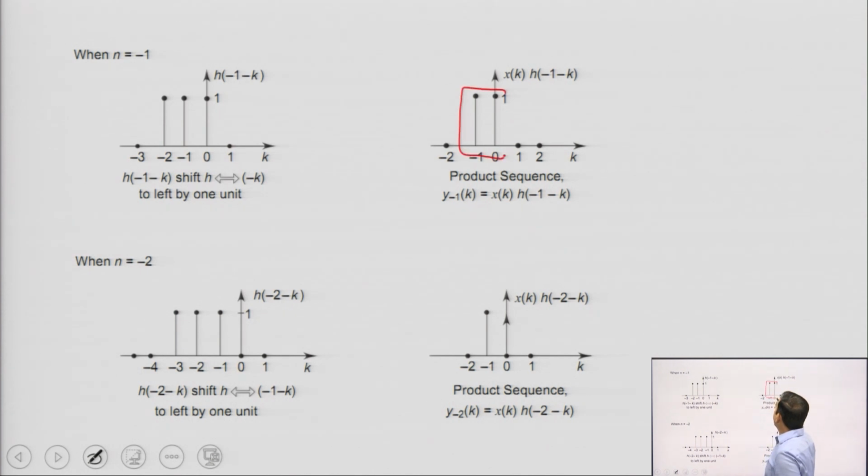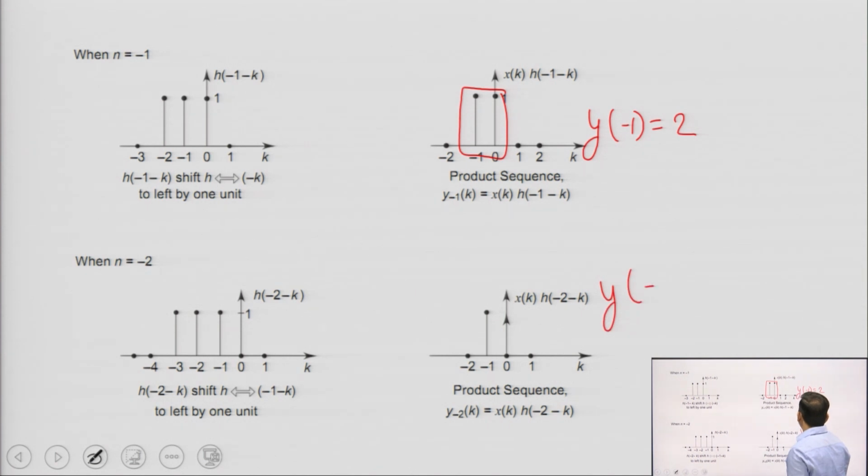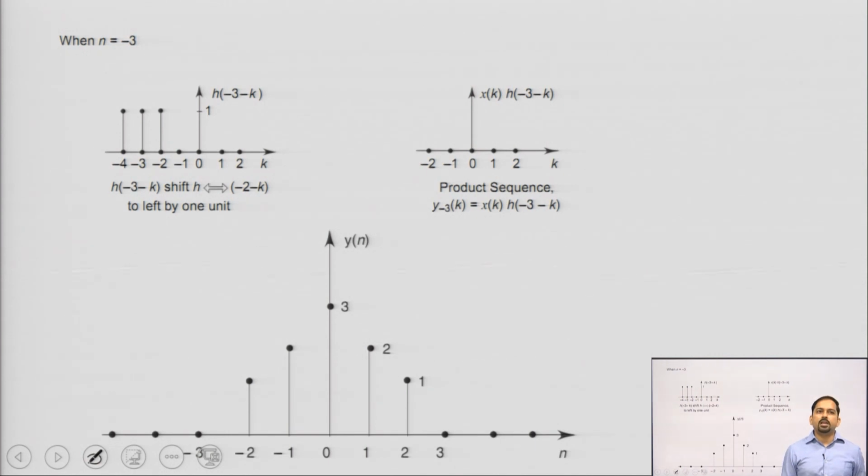We are getting only 2 peaks, so the result y[-1] equals 2. For y[-2], we have only a single peak, equal to 1. Similarly, at n equals -3 we are not getting any peak, so y[-3] is 0.